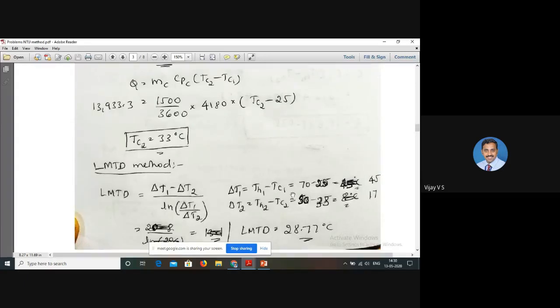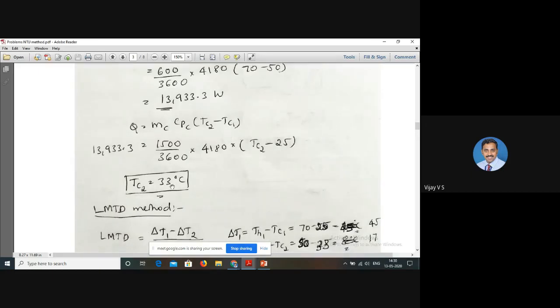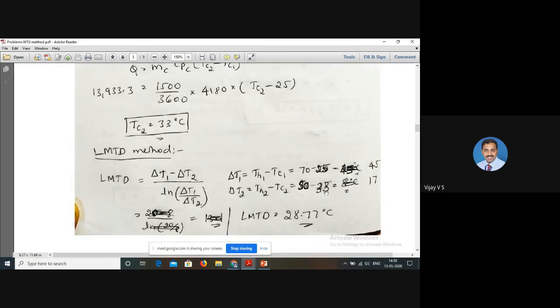While substituting, be careful, I also made a mistake with TC1 and TC2. You have to be very careful. So 70 minus 25 you will get 45. Delta T2 is TH2 minus TC2. TH2 is 50, they have given, and TC2 I got 33. 50 minus 33 is 17. So delta T1 is 45, delta T2 is 17. I substitute here. So finally I will get LMTD as 28.77.